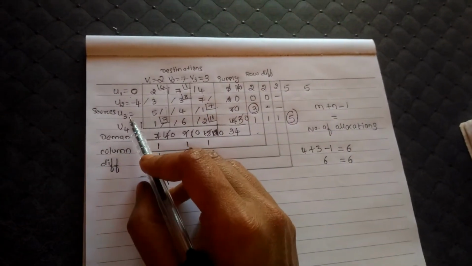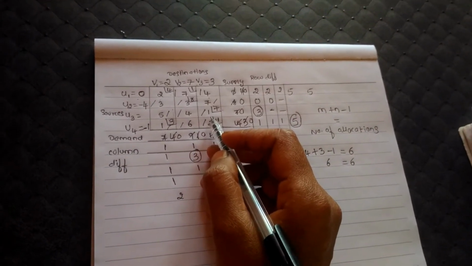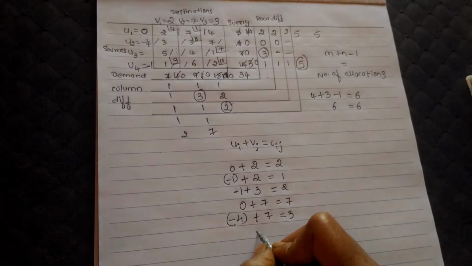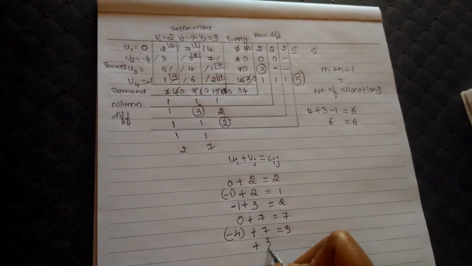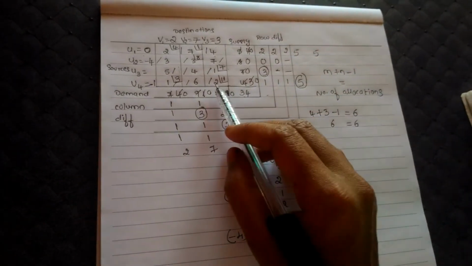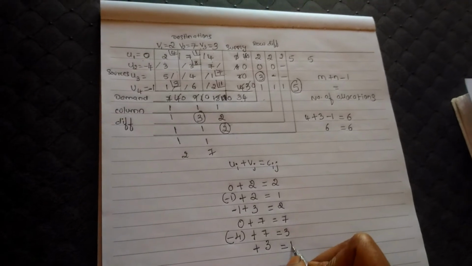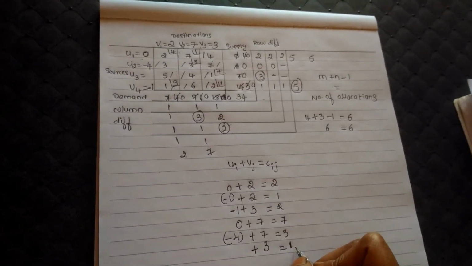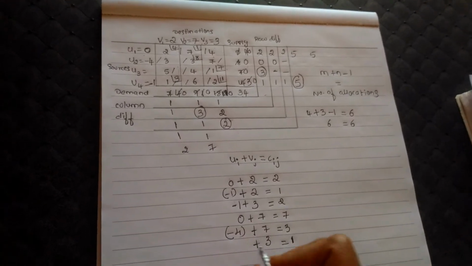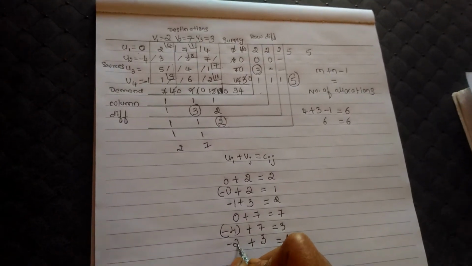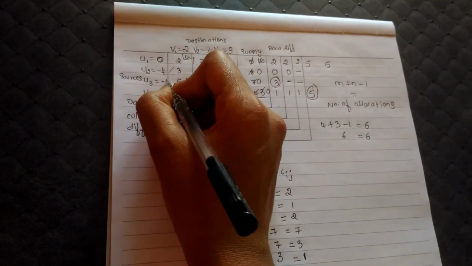We don't know the value of U3. We also have a value of C33, which should be 1. So what should you add for 3 to come up with 1? It should be -2. So the answer for U3 is -2.